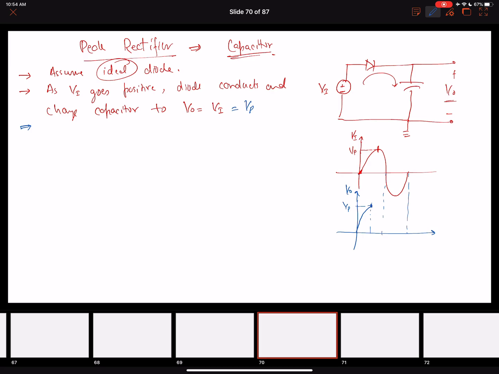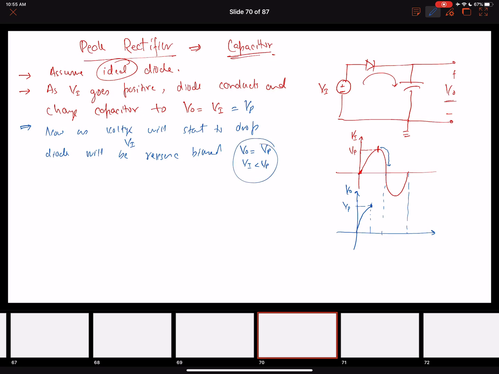Now what will happen during the negative cycle, or as soon as the voltage starts to drop? As voltage VI starts to drop, the diode will be reverse biased, and not even in the negative cycle, but in this entire thing. As soon as this voltage starts to drop, my output over here is VP, which is more, and my VI is less than VP.